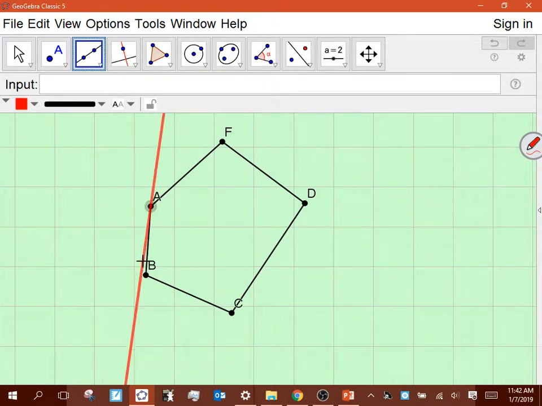I'm going to say A to B. And I'm going to look at that line that contains segment AB. Does that make sense? Okay, so that's the phrase, no line containing a side of the polygon. So that's a line that contains a side of my polygon. Does that red line pass through the interior of the polygon? No, it does not. Okay? So far, we currently have a polygon based off of that test. But how many sides does that polygon have?